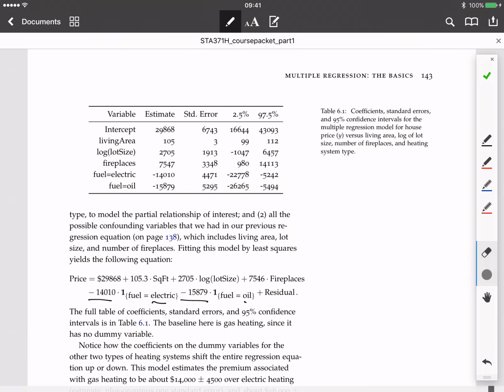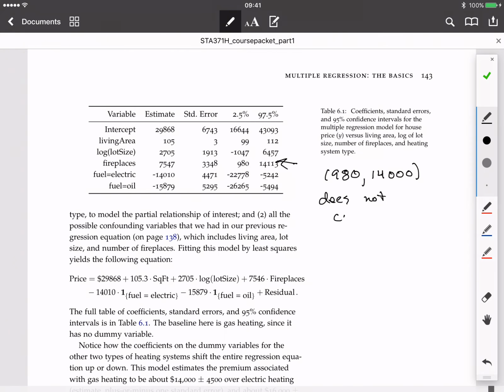Let's focus first, for example, on the coefficient for fireplaces right here. Okay, so our 95% confidence interval is like 980 to 14,000, roughly. And 0 is not in this interval. So this interval does not contain 0. That is a 95% confidence interval.